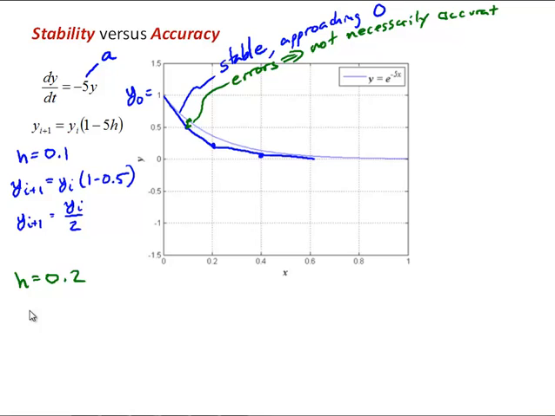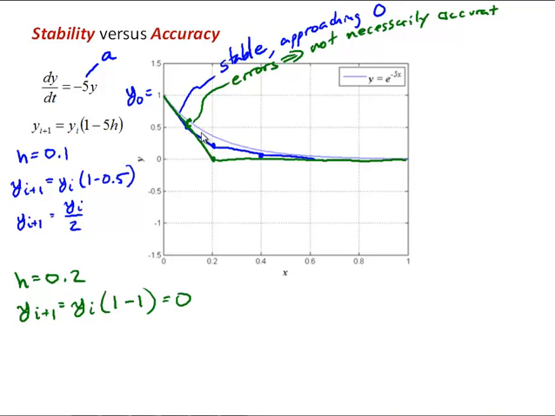Now let's try a solution for h equals 0.2. For h equals 0.2, we have yi plus 1 is equal to yi times 1 minus, now 5 times 0.2 is just going to be 1, so yi plus 1 is equal to 0. So we get a numerical solution that goes from y naught equals 1 directly to y1 equals 0, and then it will stay at 0 going forward in time.